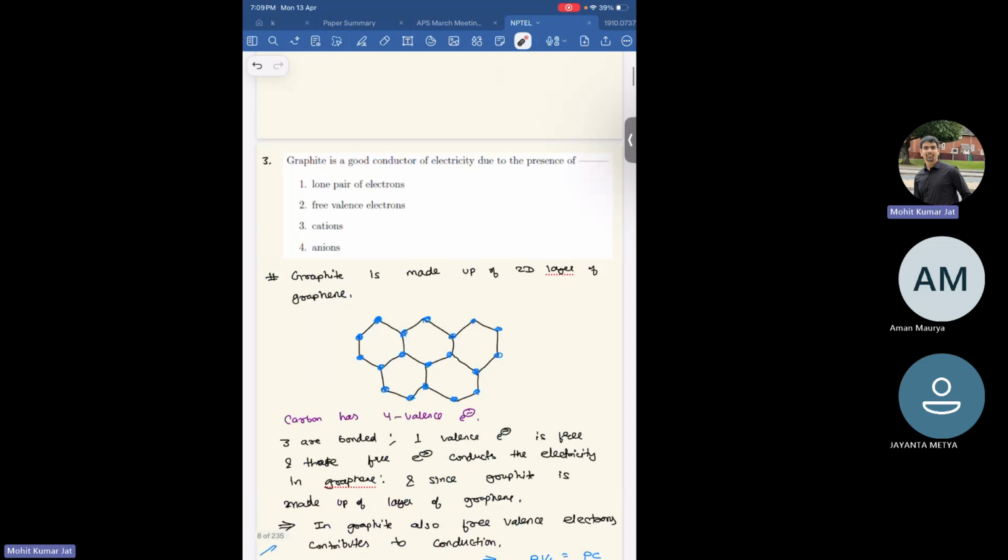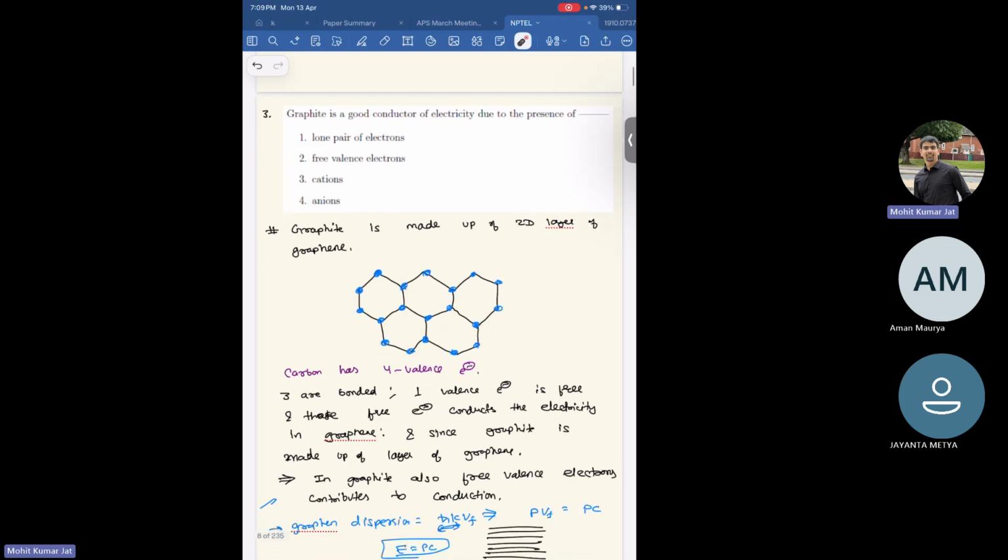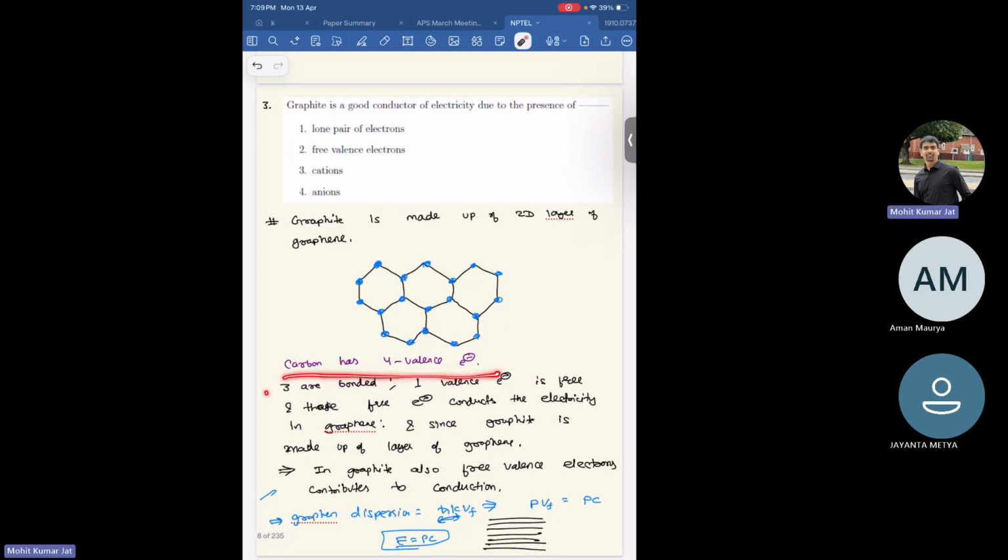And then the next question which we had was: graphite is a good conductor of electricity due to the presence of what? As we all know, graphite is made up of 2D layers of graphene stacked on top of each other, hexagonal in shape. Each carbon has 4 valence electrons. 3 are bonded, and 1 valence electron is free. That free electron conducts the electricity in graphene.